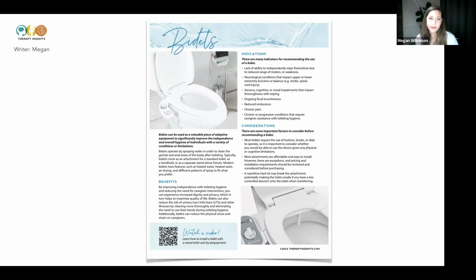So for those who don't know, I feel like anyone listening probably does know what a bidet is, but it is usually an attachment that you can put on your toilet, but they do come as a full toilet that you can purchase that has the ability to spray water to help with cleaning after you have gone to the bathroom.